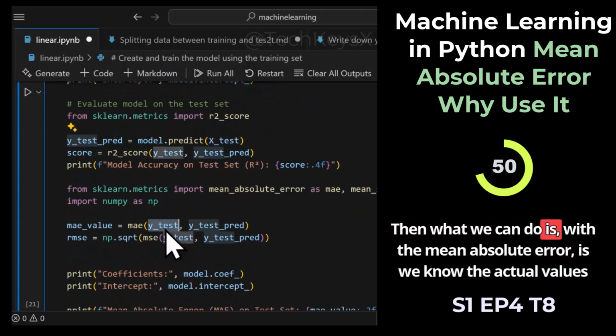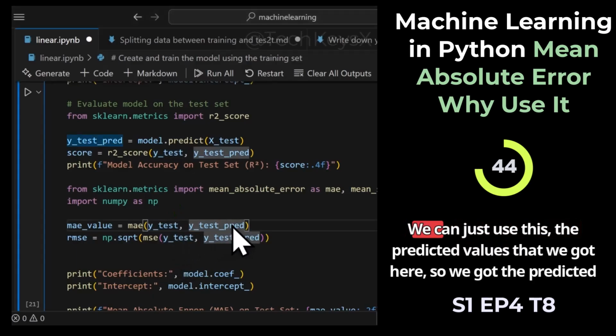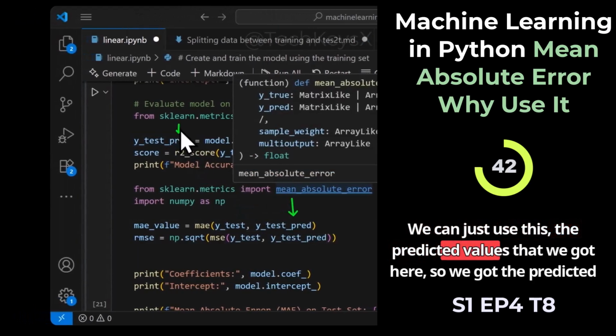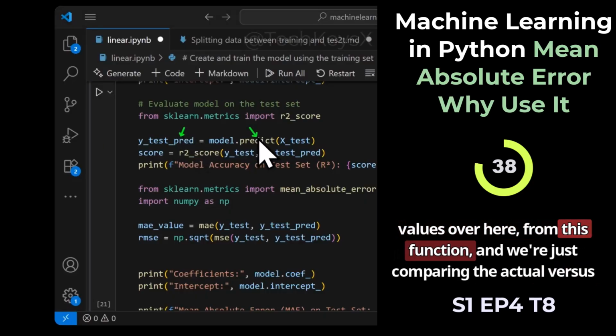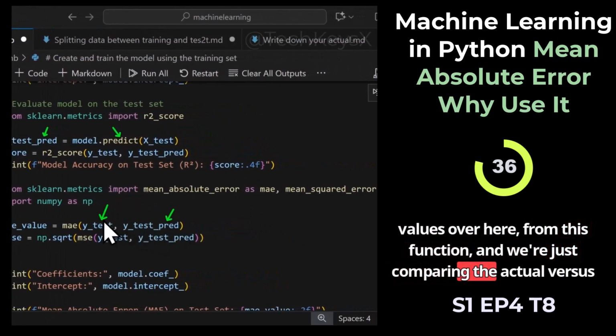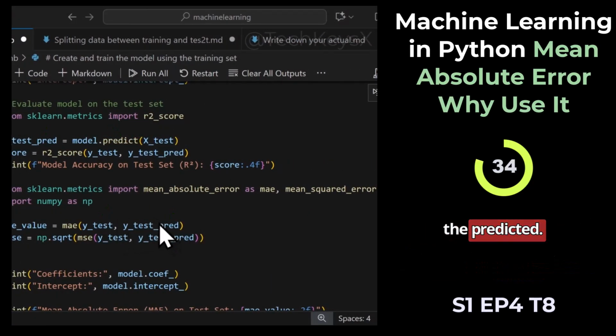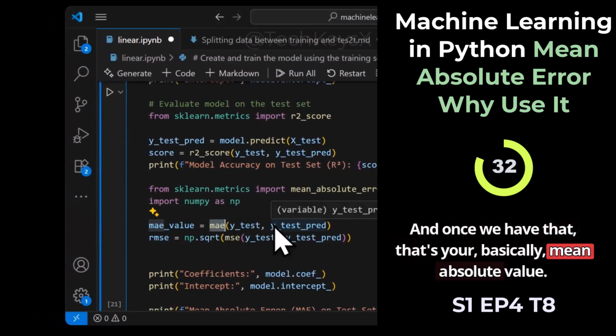Then for the mean absolute error, we know the actual values from y test, and we can compare them with the predicted values that we got over here from this function. Once we have that, that's basically your mean absolute error.